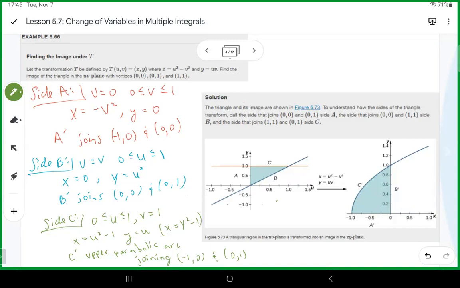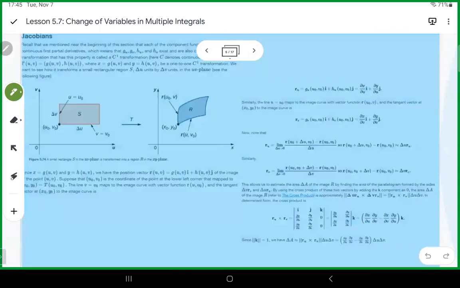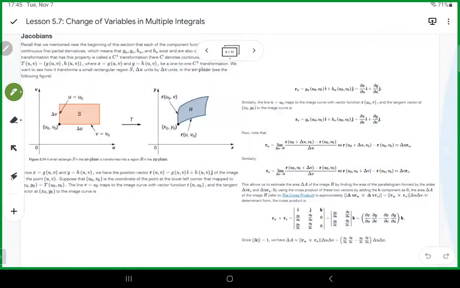We have a couple of slides of notes, and I apologize if you have a hard time reading them at the moment. You can always zoom in on the PDF, or again, they are in your textbook.